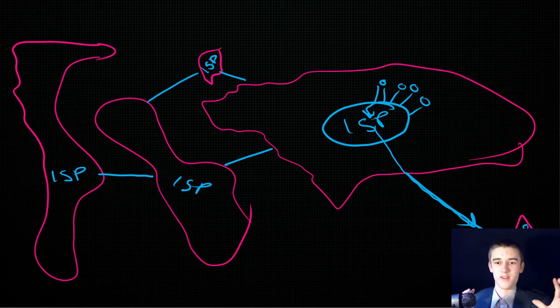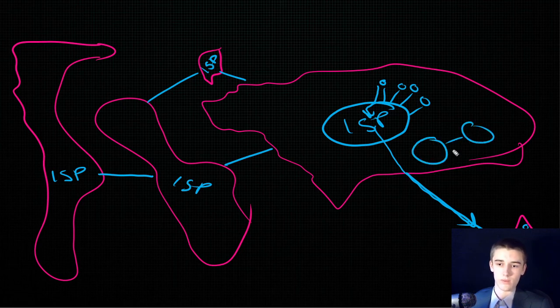That's a very general overview of what they call the internet backbone, all the service providers connected to each other. This is good for smaller businesses or residential networks, but rich companies will also have their own sort of WANs.